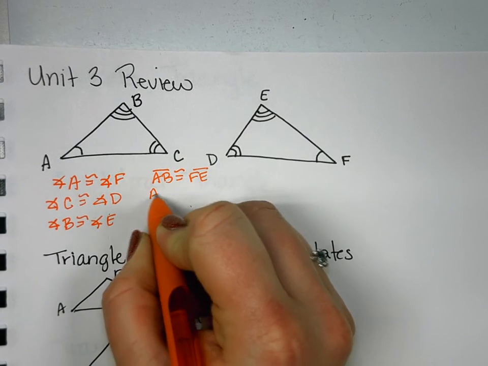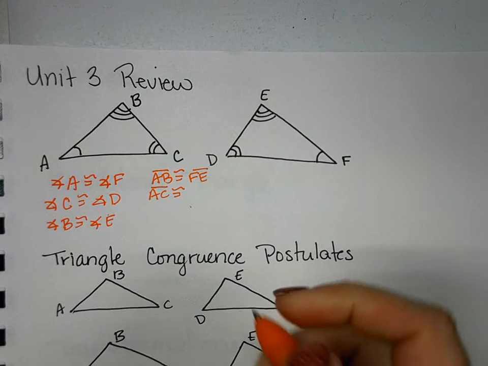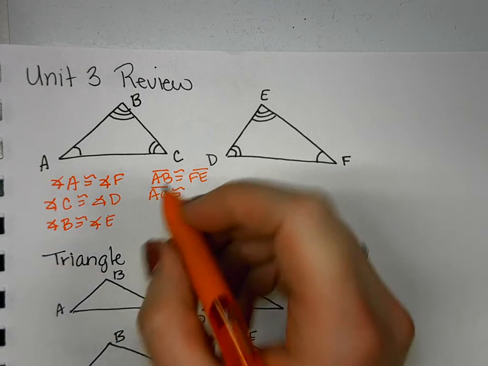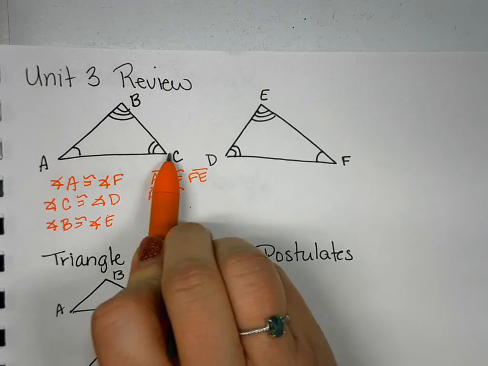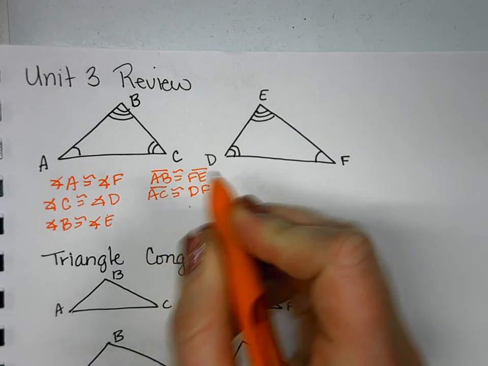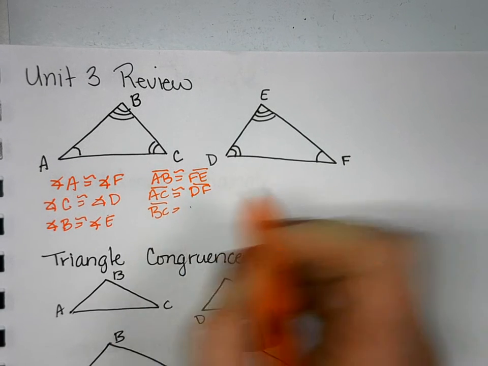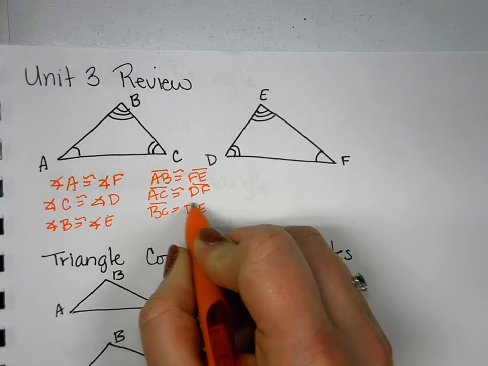Okay, what about AC? DF, because AC has a 1 arc and a 2 arc, so 2 arc and 1 arc. And then lastly, BC would go with DE.